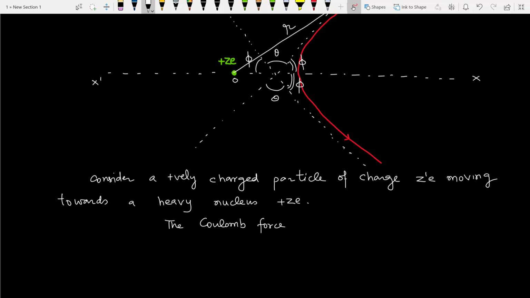So the Coulomb force between them is given by a standard formula. What is the formula for Coulomb force? 1 by 4 pi epsilon naught Q1 Q2 upon r square, and here the first charge is Ze, the second charge is Z dash e, divided by r square.